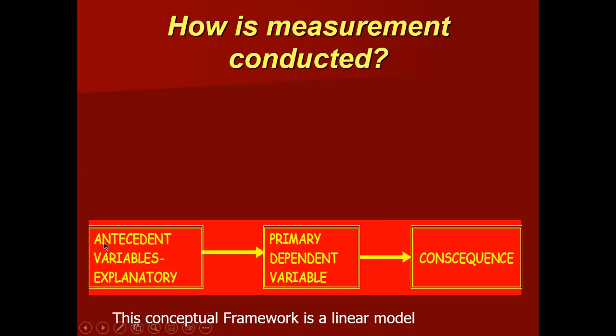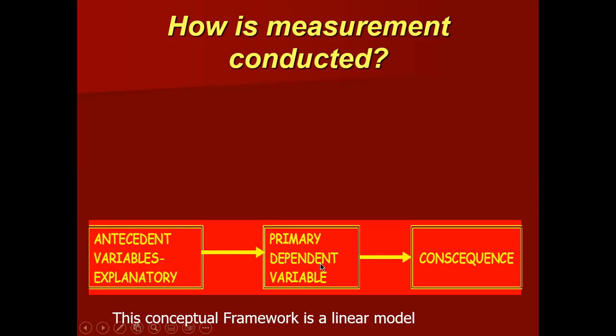We have what we call the independent variable, and the moderating variable, which make up the explanatory variable. So these are the factors. Within the antecedent variable or the explanatory variable, we have the factors that will predict the outcome.